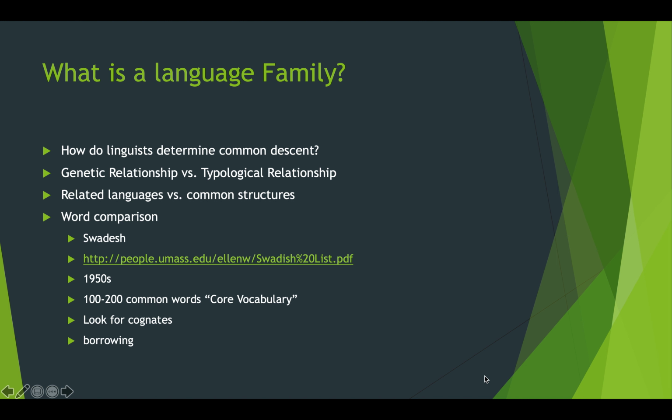And so what you're looking for is cognates. Cognates are words that have the same meaning in more than one language. And so we see in English, we have a lot of cognates for words from French, and we have a lot of cognates in words from German and others.